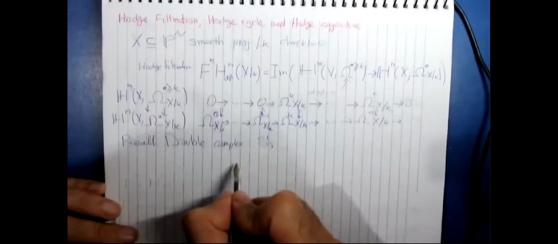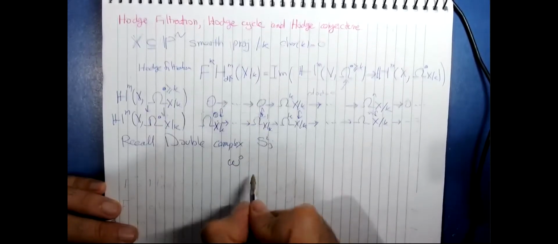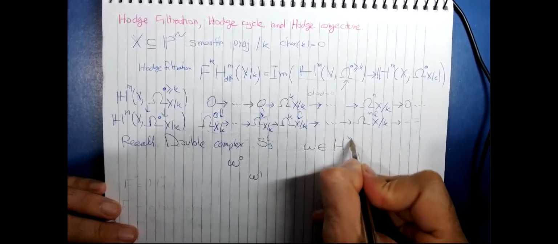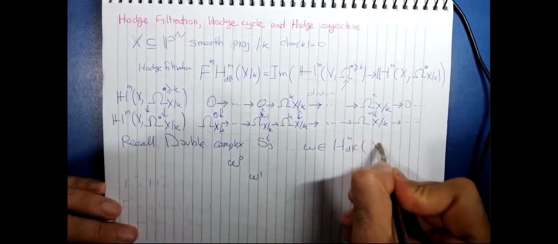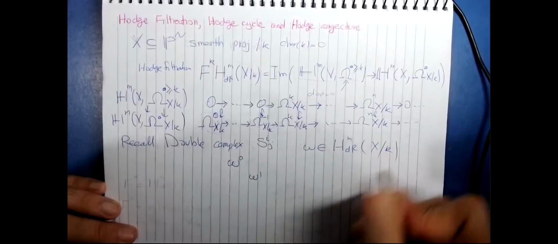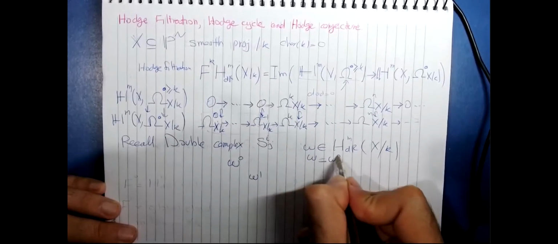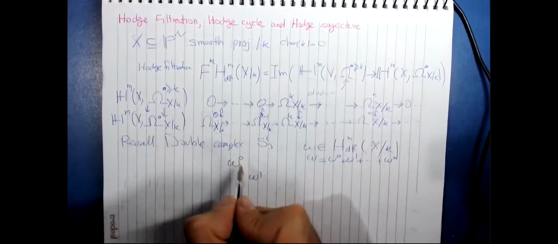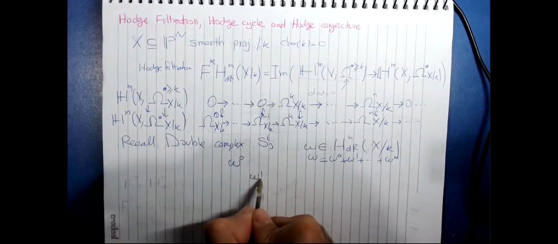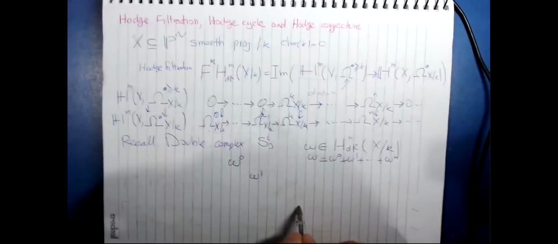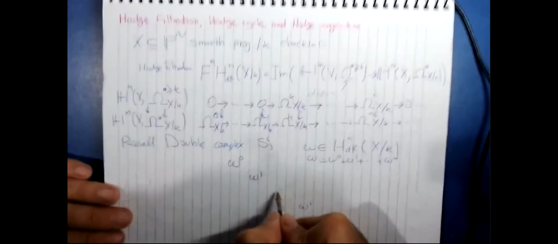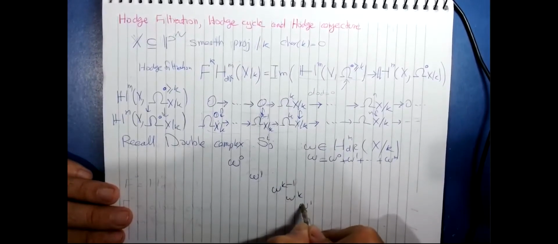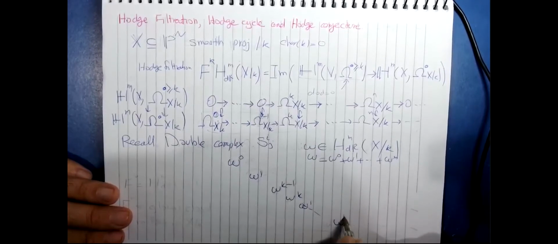And remember that an element of the hypercohomology H^m de Rham algebraic we denoted by omega, which was just omega_0 plus omega_1 plus up to omega_m. Omega_0 was a bunch of 0 forms, omega_1 a bunch of 1 forms, until omega_(k-1), omega_k, and then going up to omega_m.